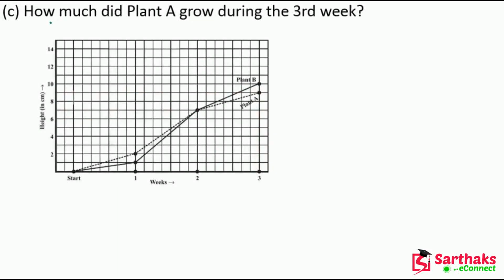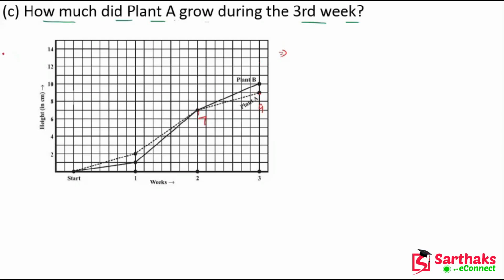Next question is how much did plant A grow during the third week? Now if you observe this, during the third week, starting from here, this is 7 centimeter and this is 9 centimeter.